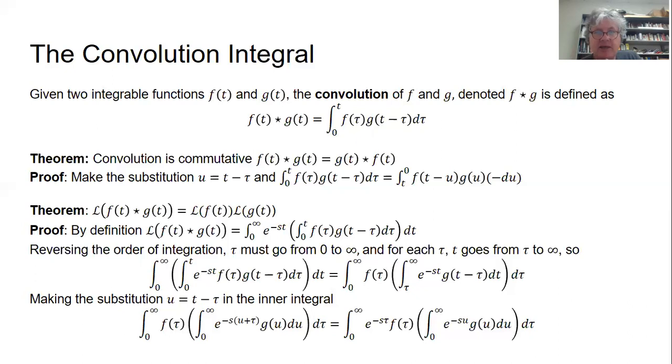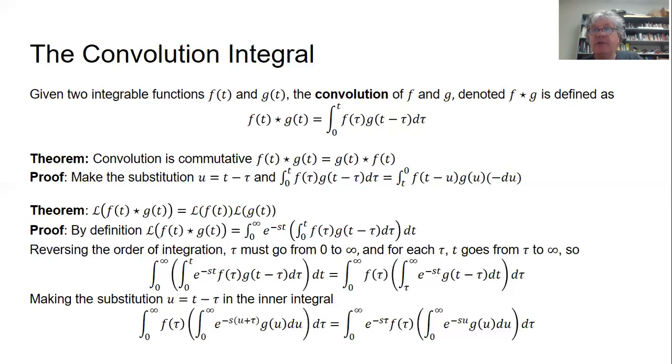So it flips the limits there, but because it's t minus tau, when you do the du d tau, you get a -1, so you get a minus du, and you flip the f and the g. And so you see quite clearly that the thing on the right-hand side is g convolved with f.